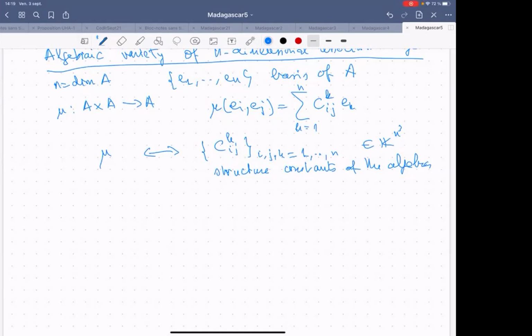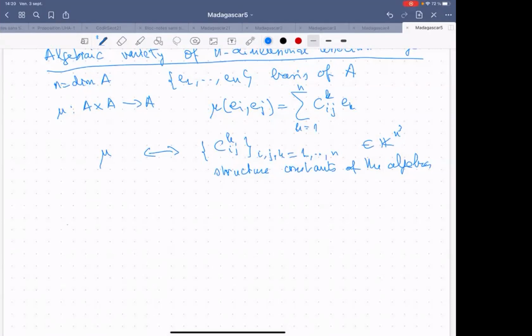Now let us fix the condition which should be satisfied by the structure constants in order to get an associative multiplication mu. I need to check it on elements of the basis.